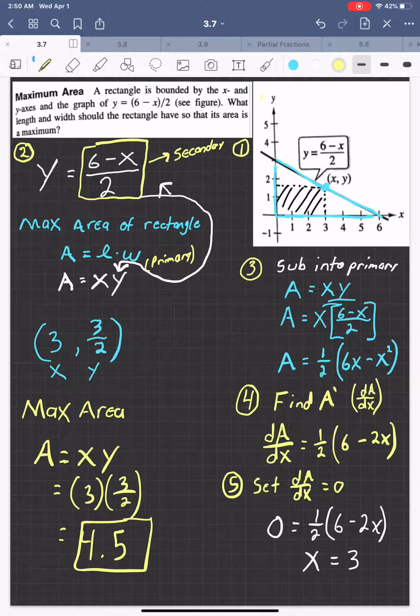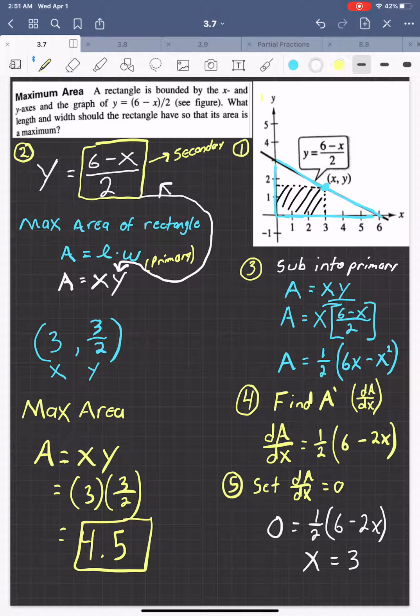I don't have any units, so whatever units we're dealing with, squared. So 4.5 square units. Notice that as soon as I found that critical number, I went right to plugging it in. I didn't take time to consider the endpoints.